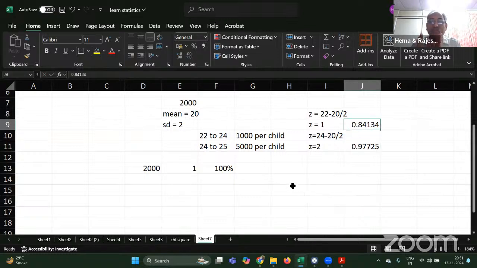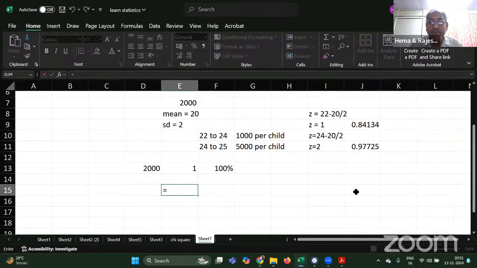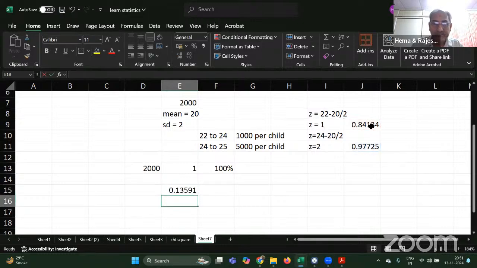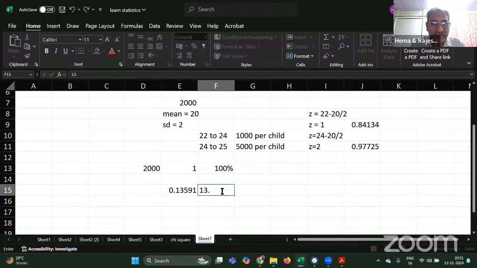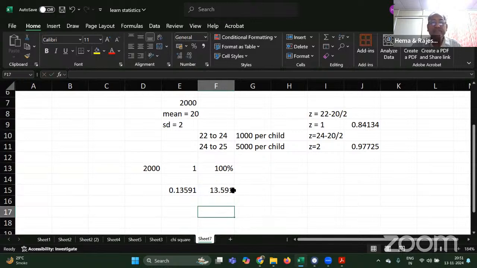So between these two, the probability or number of people is Z2 minus Z1, which is 0.13591. In terms of percentage, it will be 13.591%. So this percentage will be between 22 and 24.